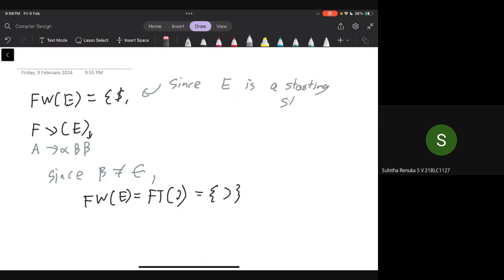So in the end, follow of E is equal to a dollar and closing bracket. So one is done.